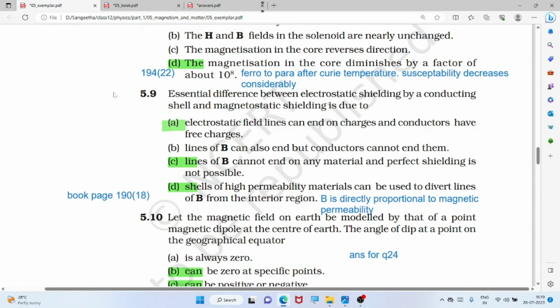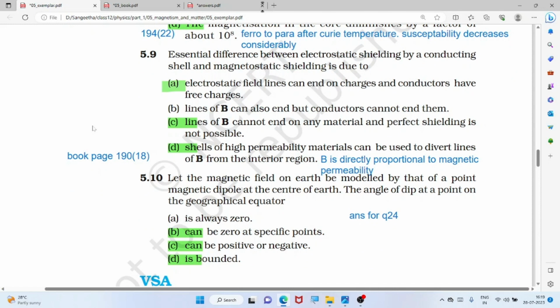The essential difference between the electrostatic shielding by a conducting shell and the magnetic shielding is that electrostatic field lines can end on charges and conductors have free charges. The lines of B cannot end on any material, and perfect shielding is not possible.